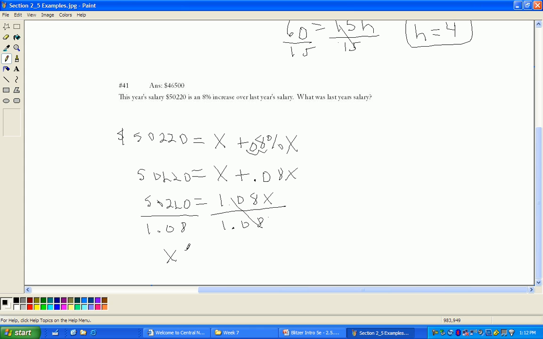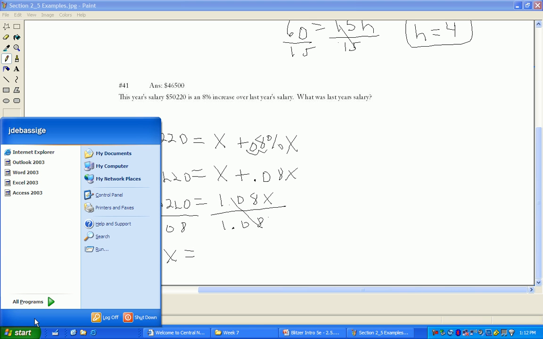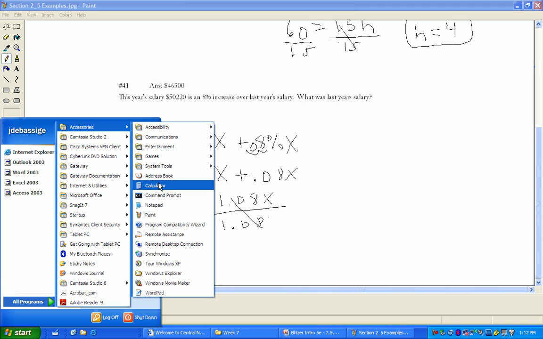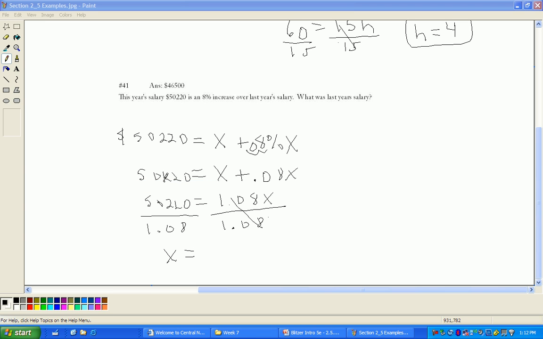x is equal to, well, I can't really do that one in my head, so I want to check by doing something over here. I'm going to go to my programs, and you all have this too if you're running Windows. I go to accessories, and we have a free calculator for us to use. We can use scientific or regular.